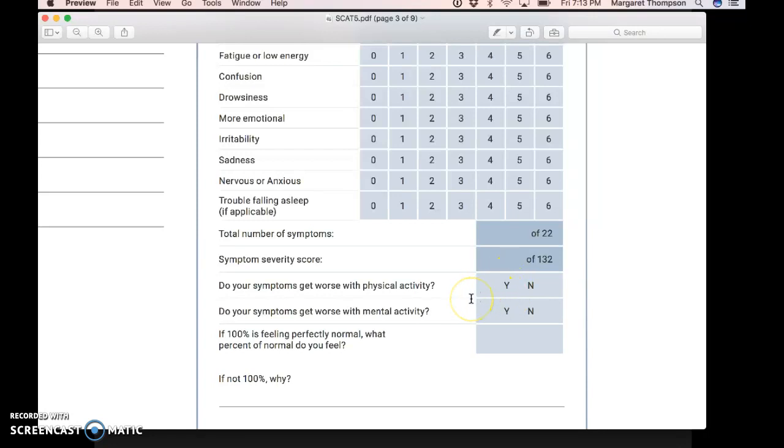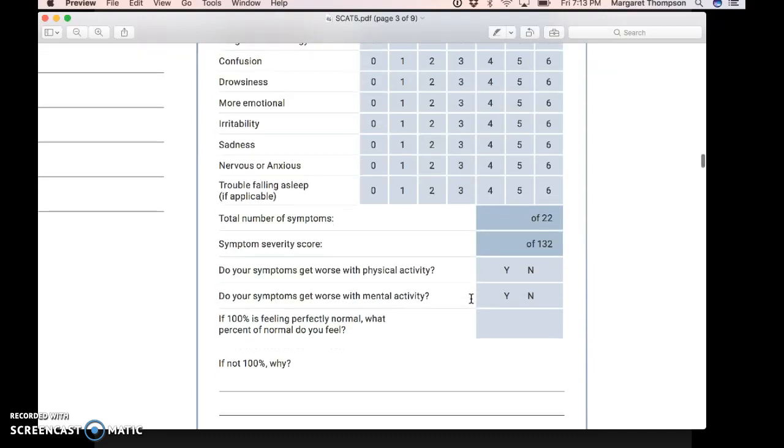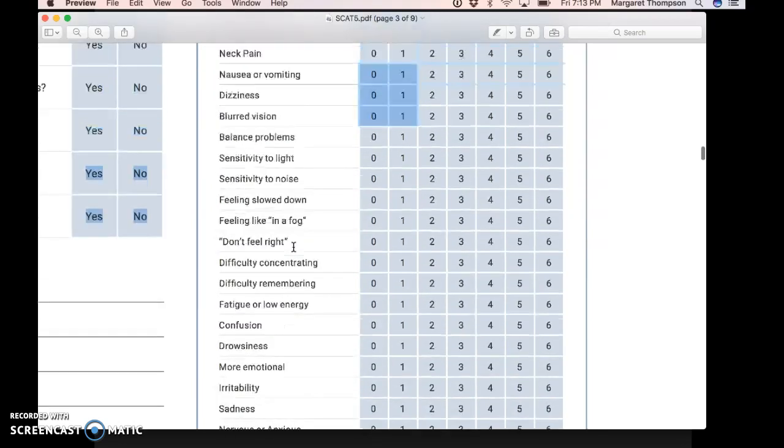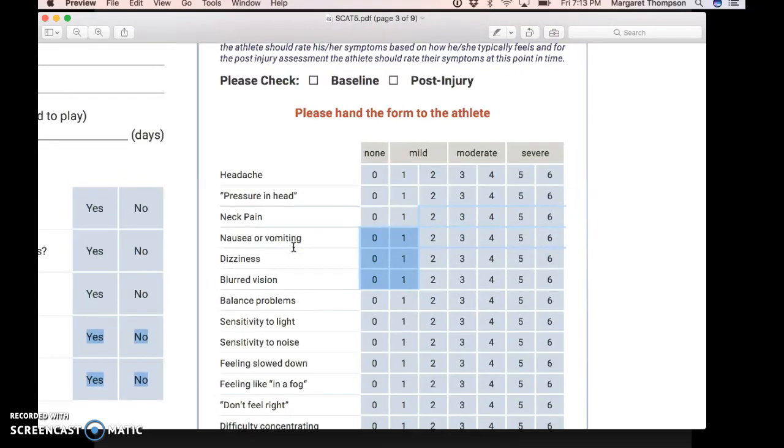Ask the patient if the symptoms get worse with physical activity or mental activity. Okay. If 100% is feeling perfectly normal, what percent of normal do you feel now? And you would record that as well. So again, symptom self-report is an important aspect of concussion assessment. This is a pretty detailed form. The problem that I have had in using this is that it is the easiest thing to ask your patients.